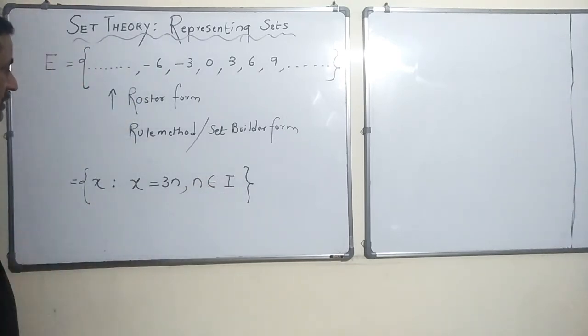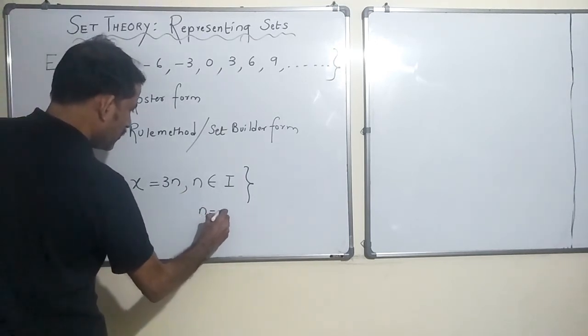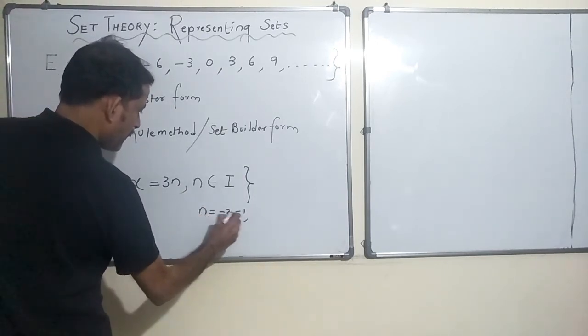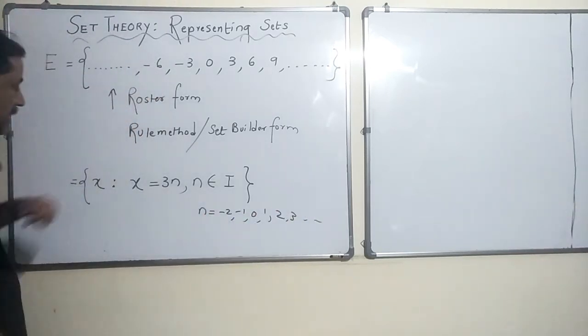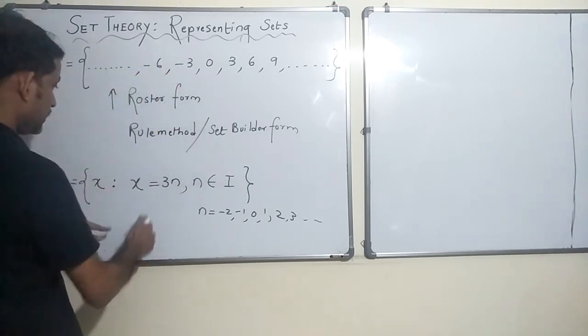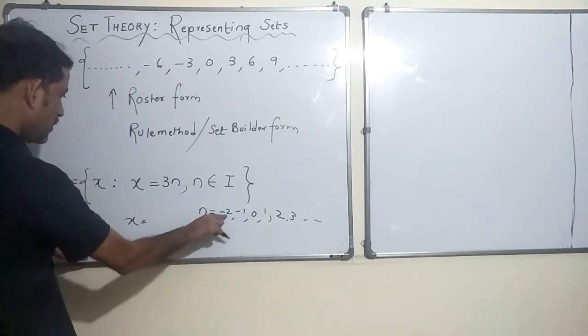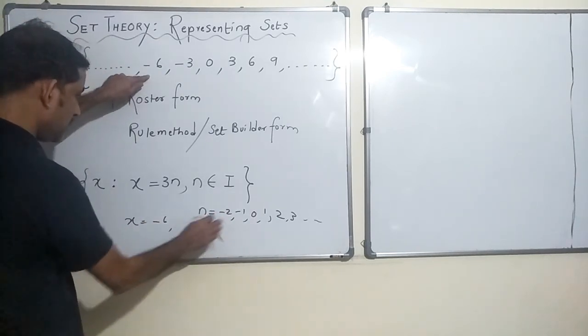Would we get the same result? Let's see. n is an integer means n is equal to minus 2, minus 1, and we'll take some examples, 1, 2, 3. Let's see whether we get x as this. So x will become minus 2 into 3 is minus 6. I get to see this.